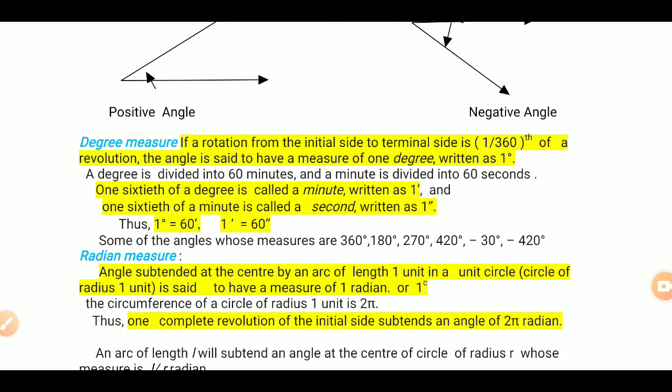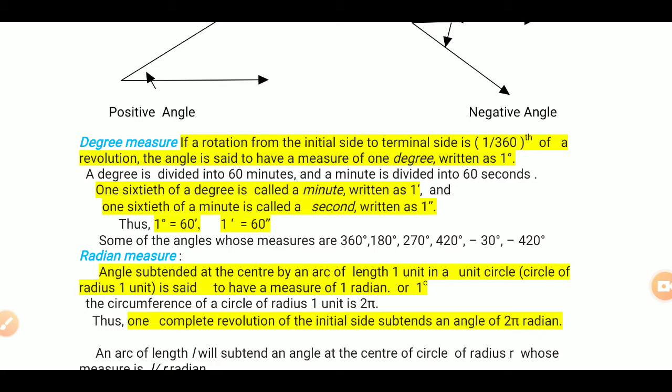Thus 1 degree is equal to 60 minutes and 1 minute is equal to 60 seconds. Angles are measured like this: 360 degree, 180 degree, 270 degree according to the part of revolution.